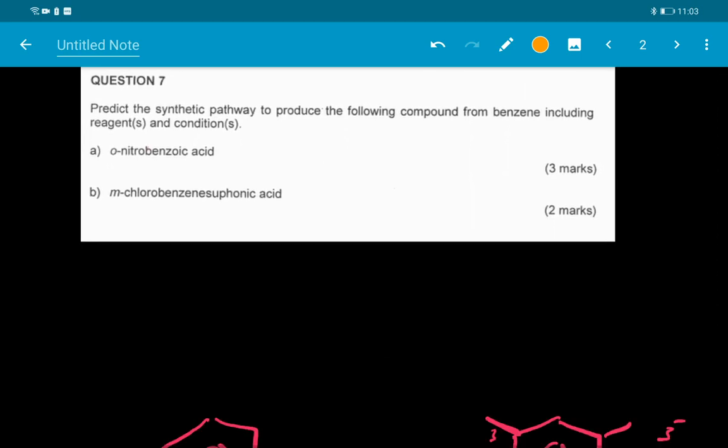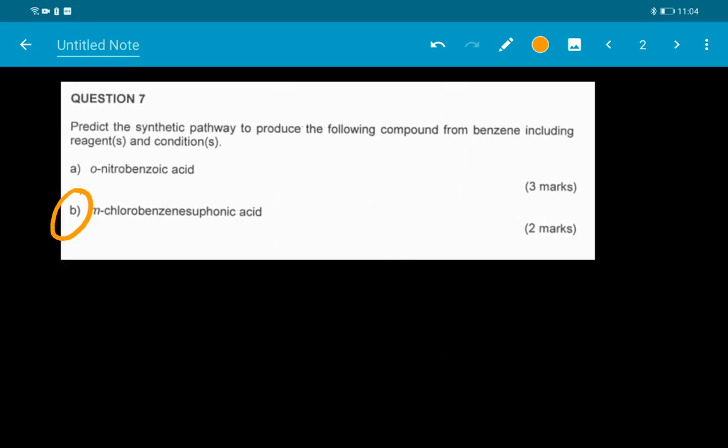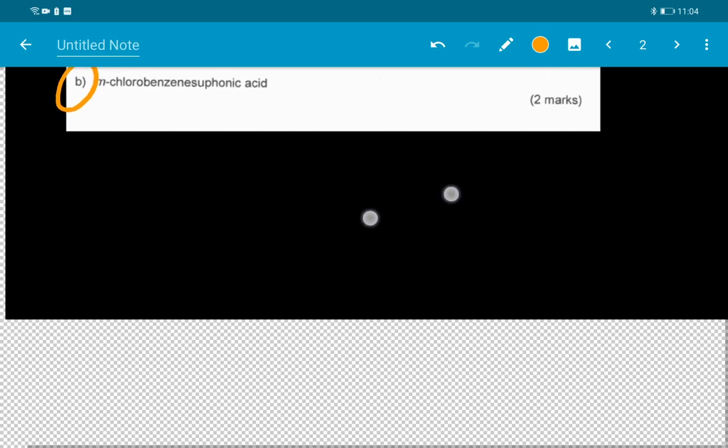Okay, for this question, we're going to synthesize A first. I guess I'm going to show B because it's straightforward. So the question again: predict the synthesis pathway to produce the following compound starting from benzene.